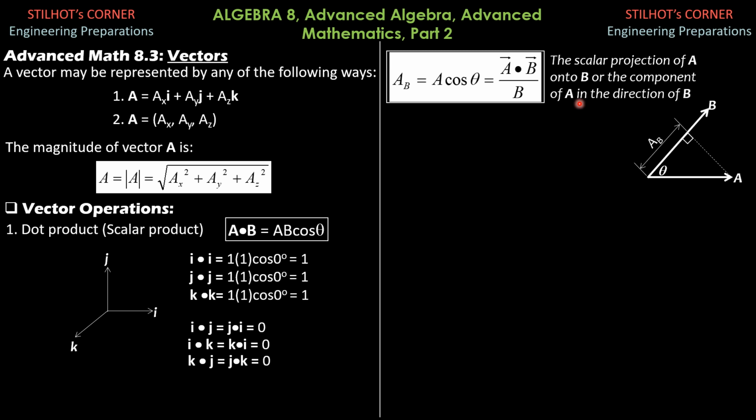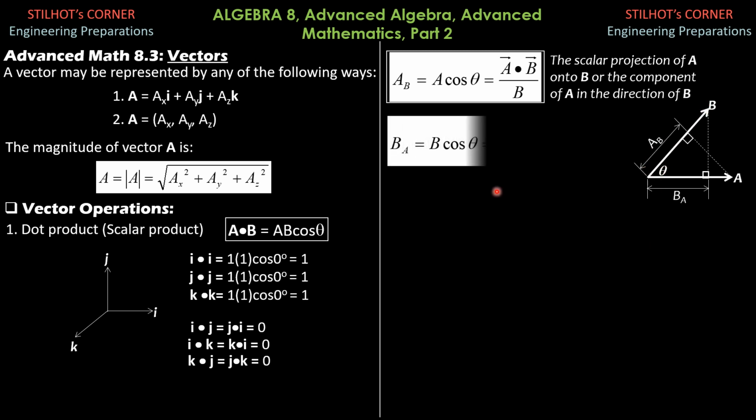Then for the other component, we draw a line perpendicular to A from the tip of B as shown. So this is the component of B in the direction of A, B sub A. And that is B, the hypotenuse, magnitude of B cosine of theta.